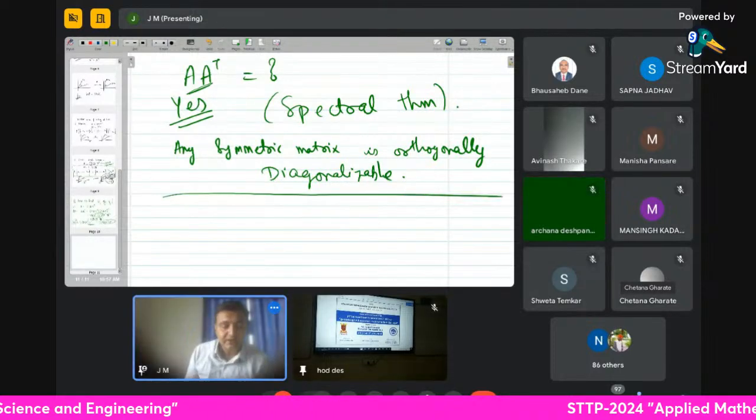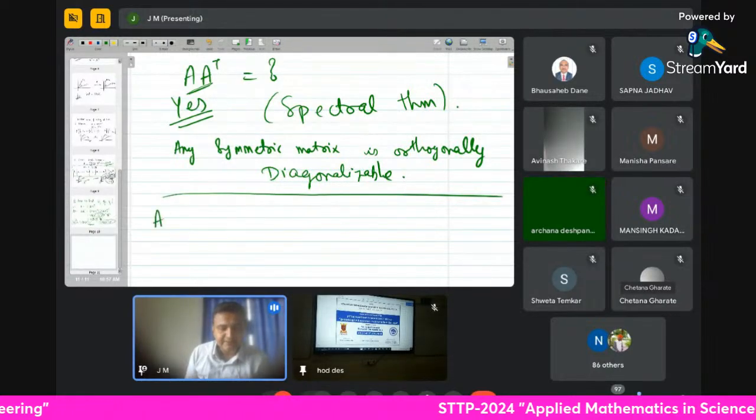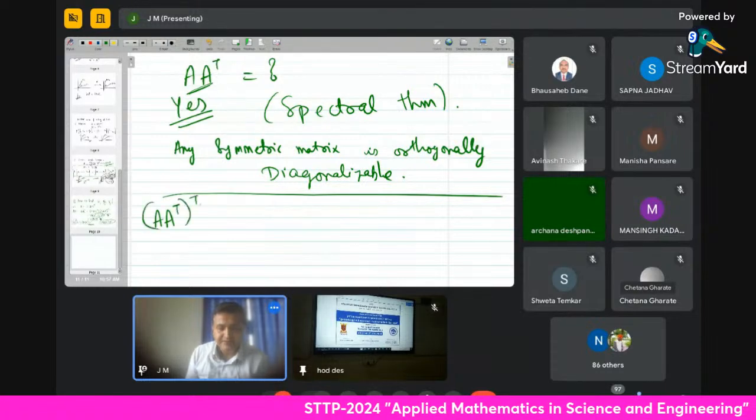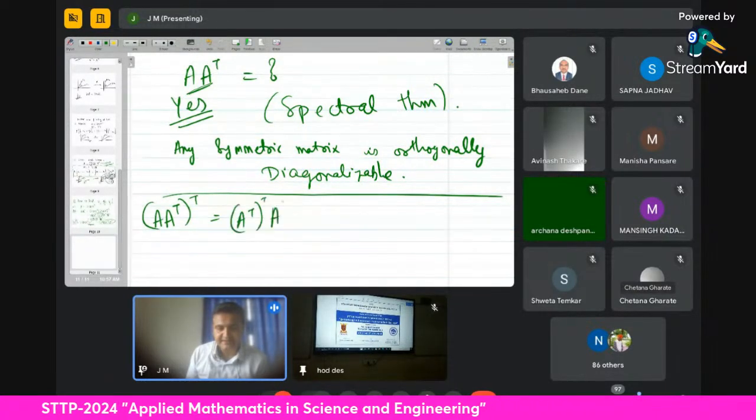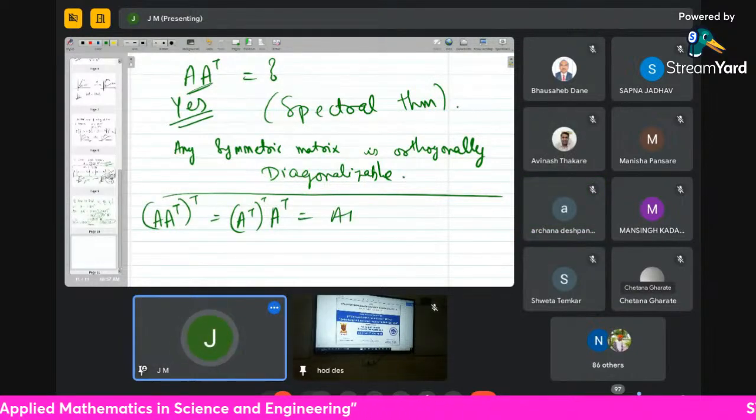So in our case, is A transpose A a symmetric matrix? The answer is yes, because by property, the transpose of A transpose A is A transpose A.